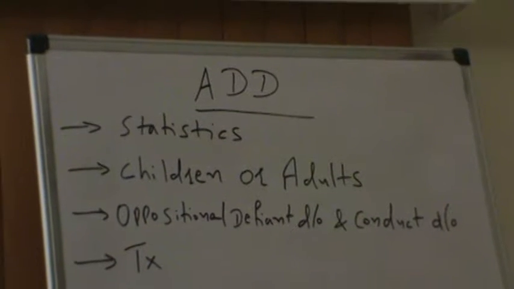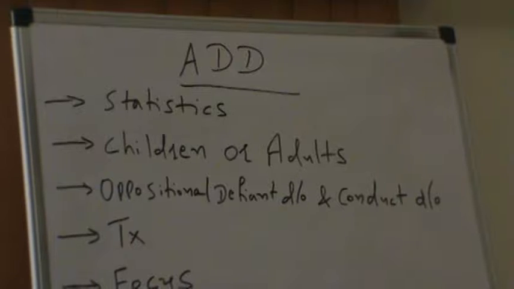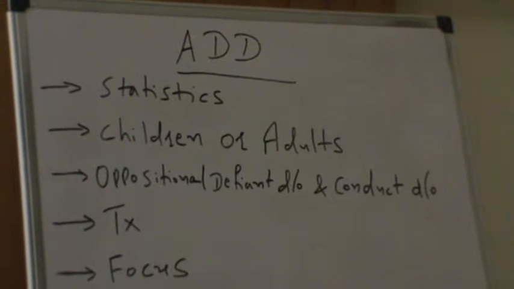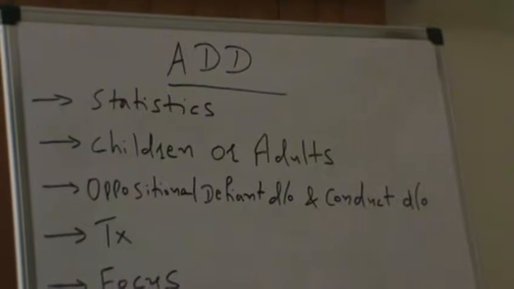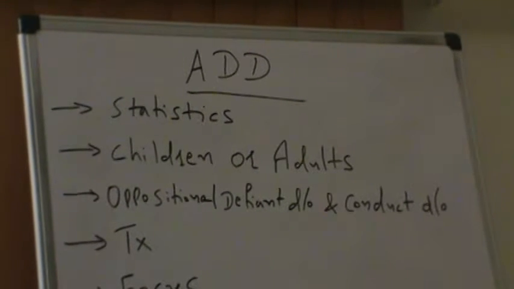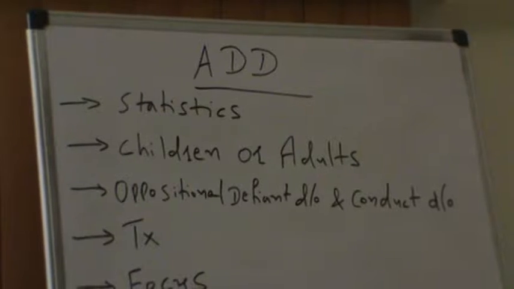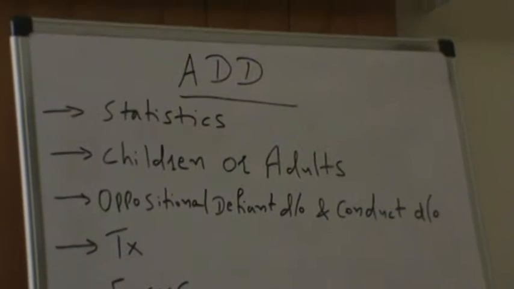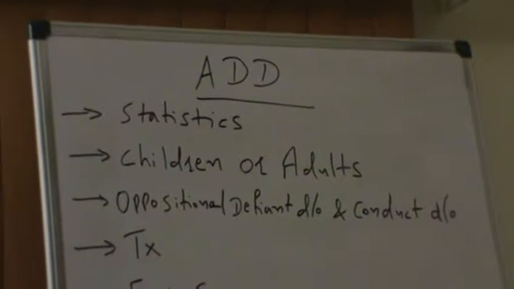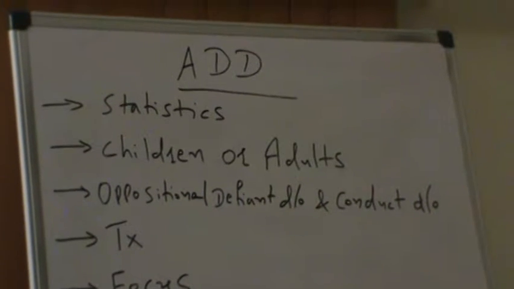Statistics: prevalence of ADD or ADHD, attention deficit hyperactive disorder, ranges from 4 to 12% in the school-aged population based on the DSM-4 criteria. It is more common in males with a male to female ratio of 4 to 1 for the hyperactive subtype and 2 to 1 for the inattentive subtype.